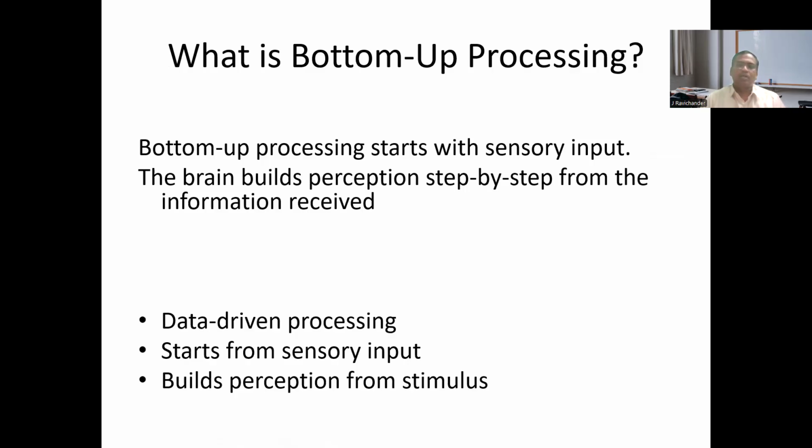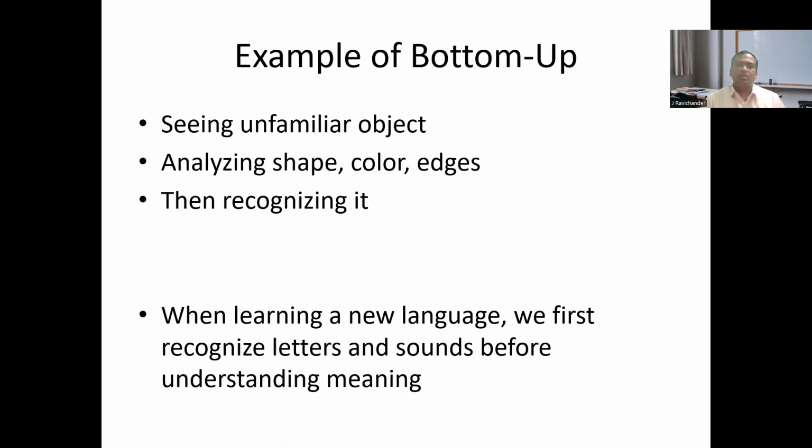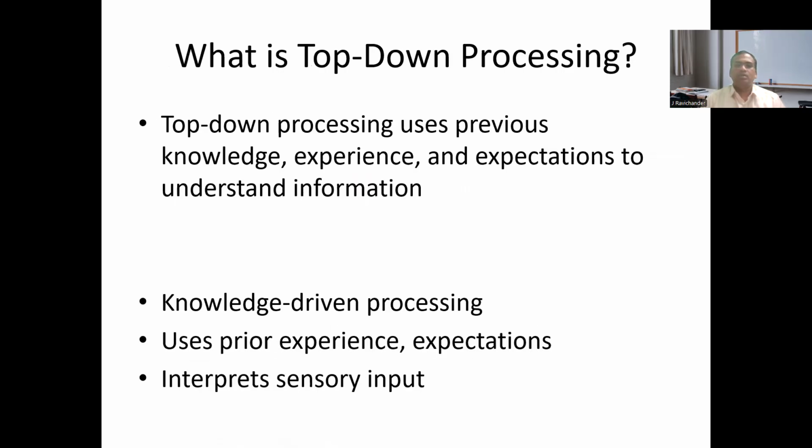So that is called bottom-up processing. Like seeing an unfamiliar object for the first time, analyzing shape, color, and edges. These come under the bottom-up process.